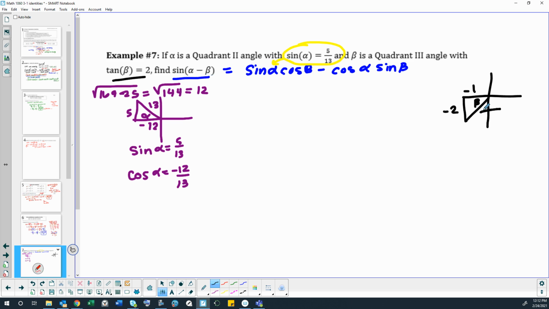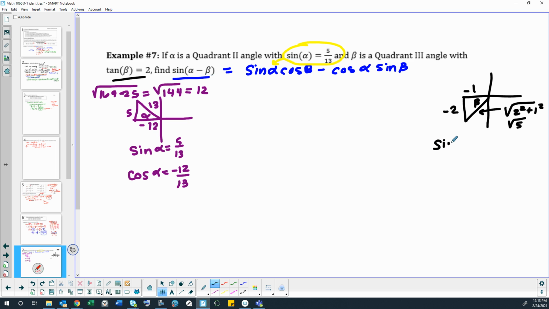Okay, we got to find the hypotenuse. So we're going to have to do the square root of 2 squared plus 1 squared. So square root of 5. We'll just leave that exact, square root of 5.